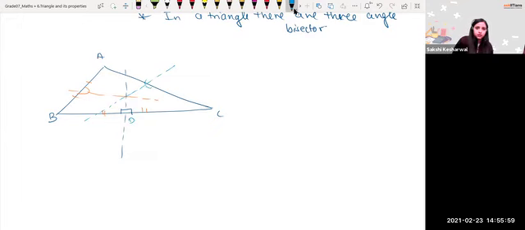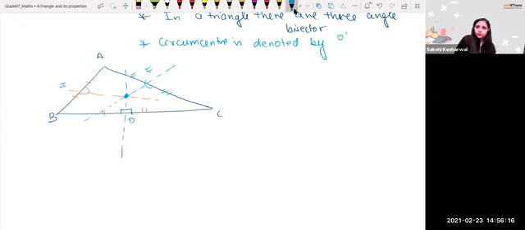So this is D, this is E, and this is F, right? Now, this is called the circumcenter. I write this circumcenter is denoted by O, right?